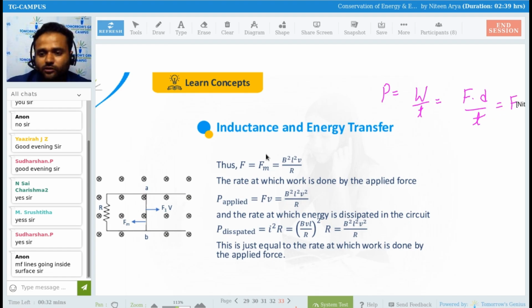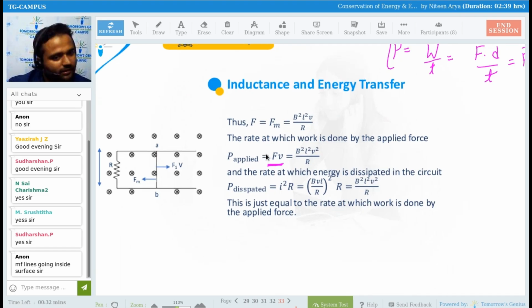Displacement upon time is nothing but velocity, so power is force into velocity, Fv. Power is how much work you are able to do in a particular time unit. So you don't need to worry about where we get this relation. I proved this already. Clear?